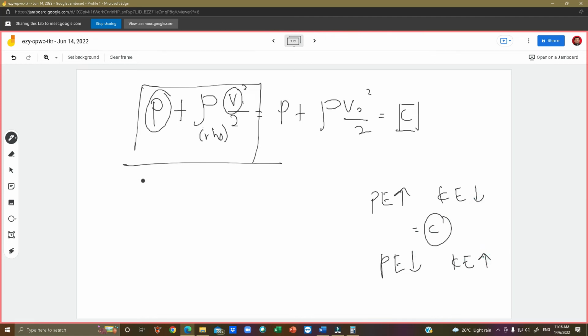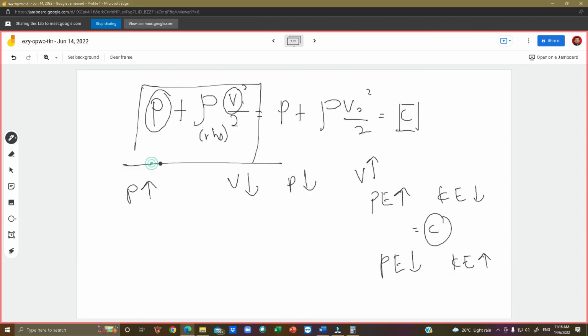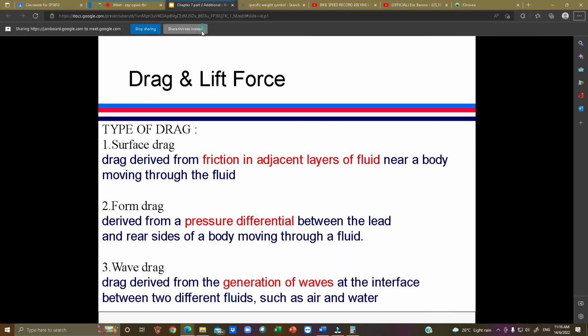So here, if the pressure is high, the velocity is low. If the pressure is low, the velocity is high. This is the concept of Bernoulli, in explaining the relationship between pressure and also what we call it, velocity of an object.